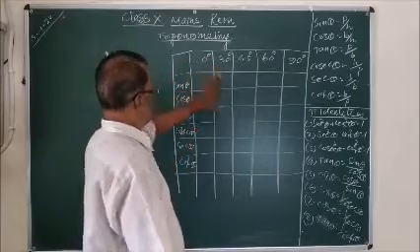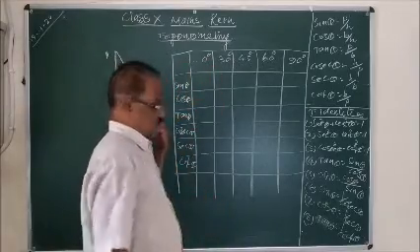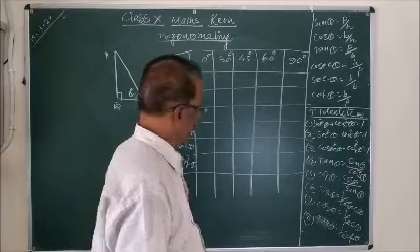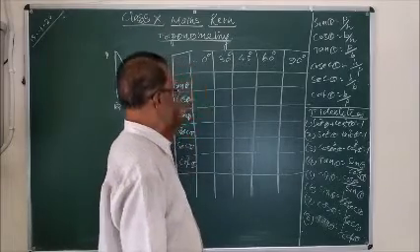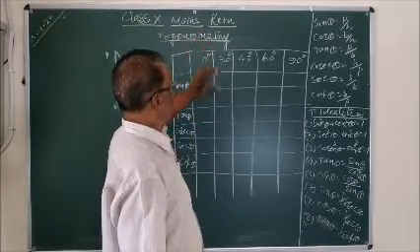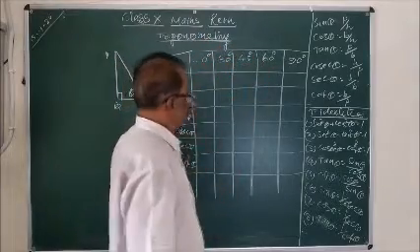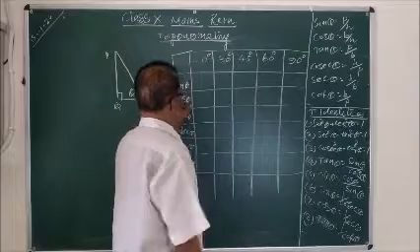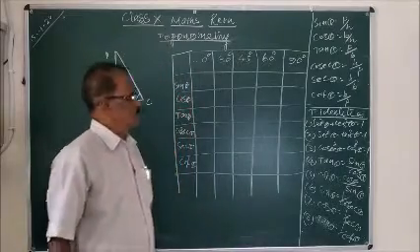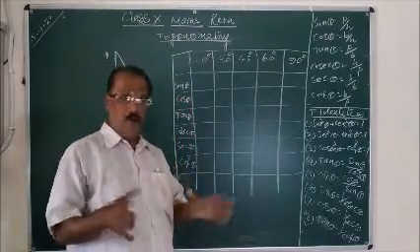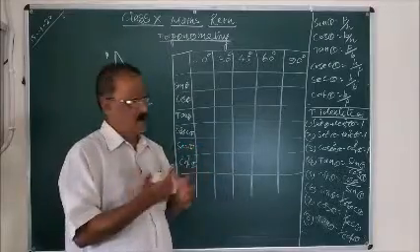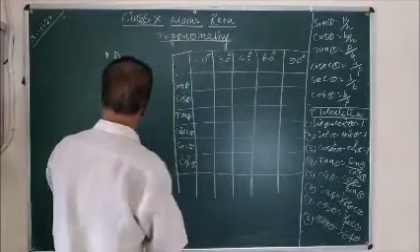So no need to worry about seeing the table of these degrees. We are learning only for 0 degree, 30, 45, 60 and 90. This means if you know the values of sine and cos, you can find the values of all the trigonometric ratios. So my dear, come to the question.